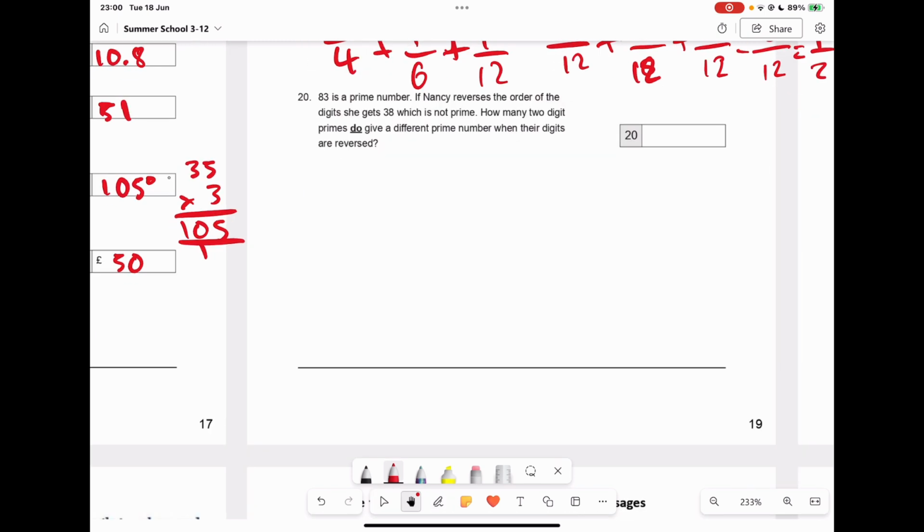Starting with 11, it gives a reversed prime number. 13 will give 31, so that's 2. 17 will also give 71, so this is 3 now. And then 19 will give 91. Is 91 prime? No, it isn't. So 19 isn't one of our numbers.